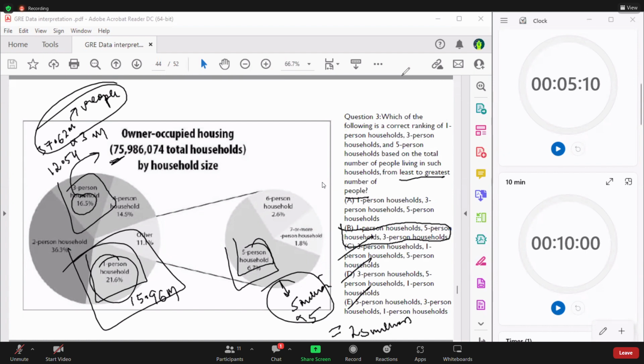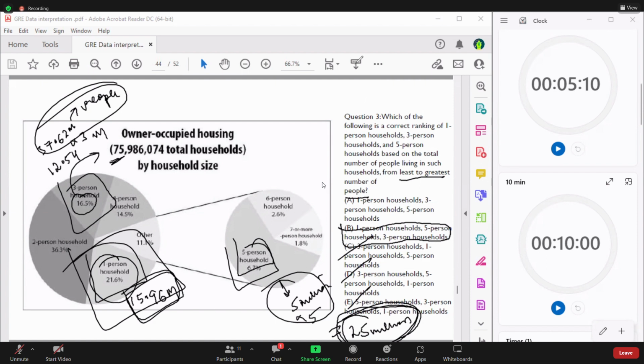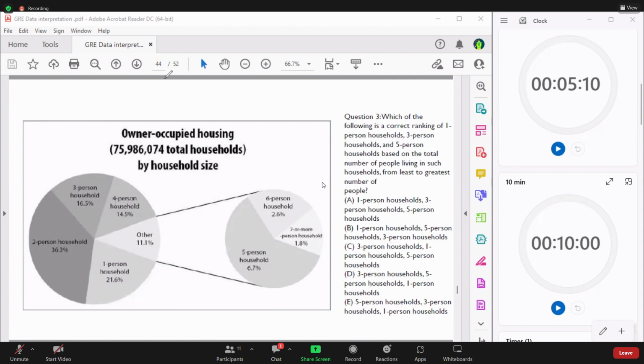It is asking least to greatest number of people. For 5 there are 25 million people. Here it is 15 million. Okay, sir. Got it. Okay, so 1, 5 and 3.